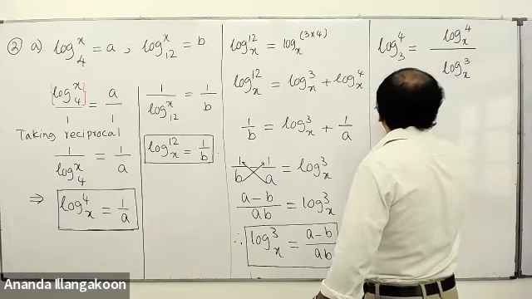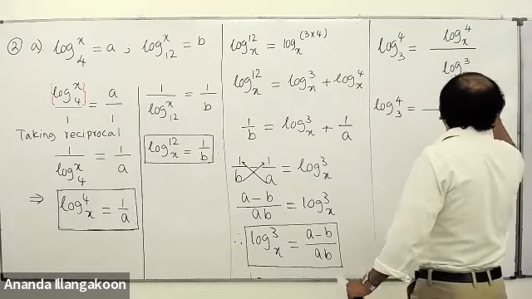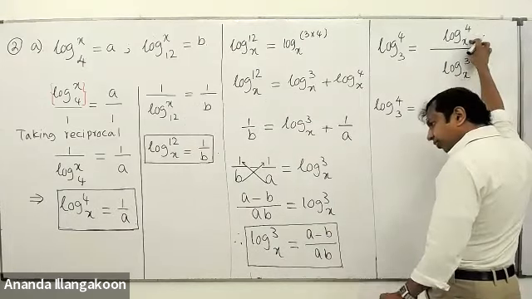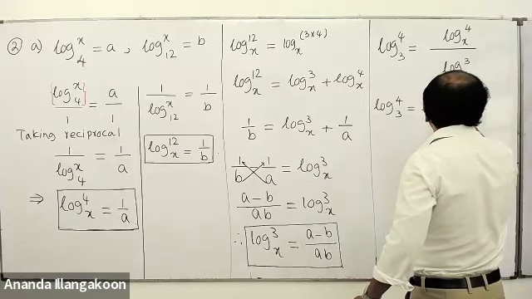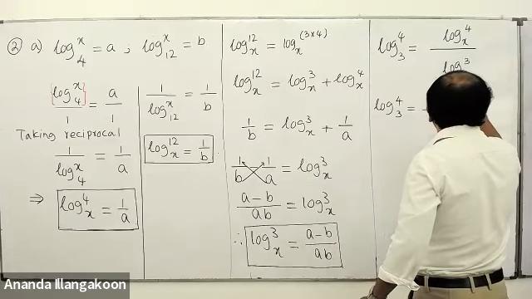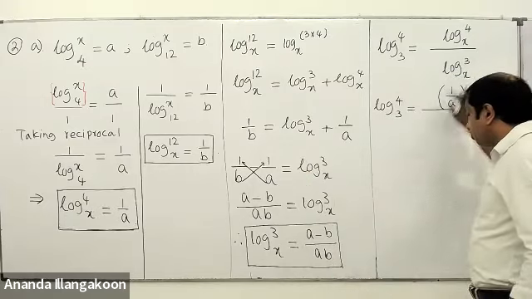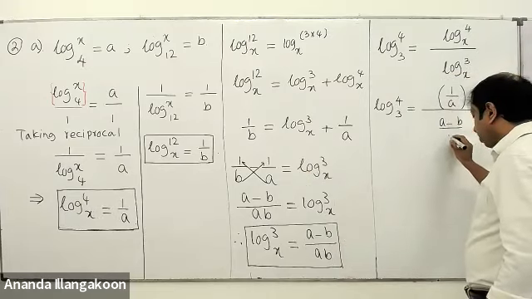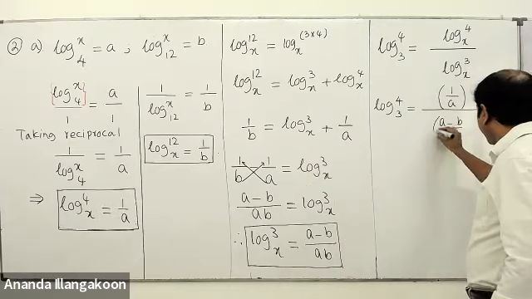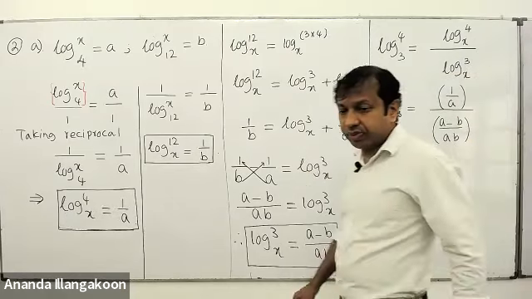Therefore, we can write log 4 to the base 3 as log 4 to the base 6, which is 1 over a, divided by log 3 to the base 6, substituted by this, A minus B divided by AB.